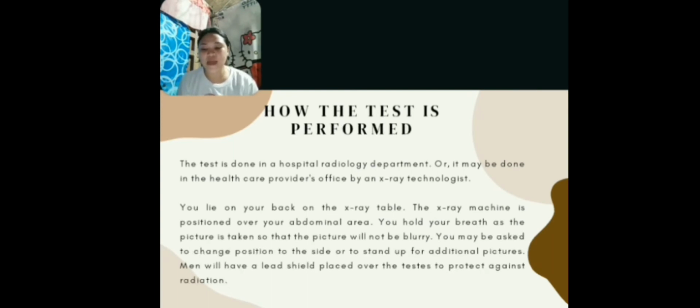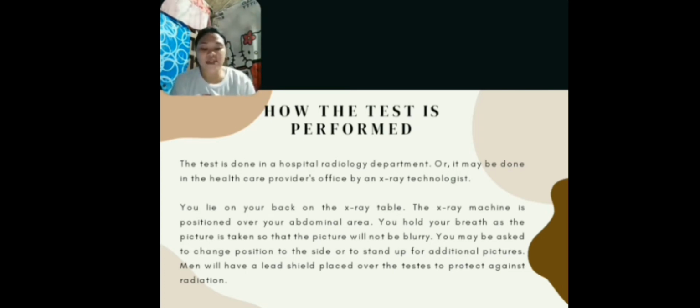So next is how the test is performed. The test is done in a hospital radiology department, or it may be done in the healthcare provider's office by an X-ray technologist. You lie on your back on the X-ray table.